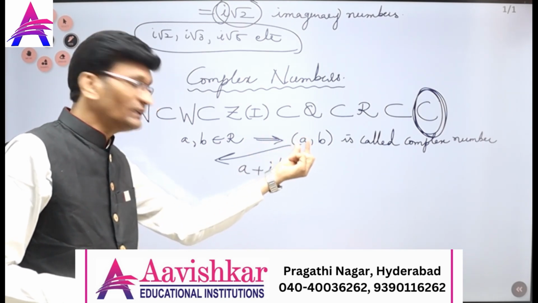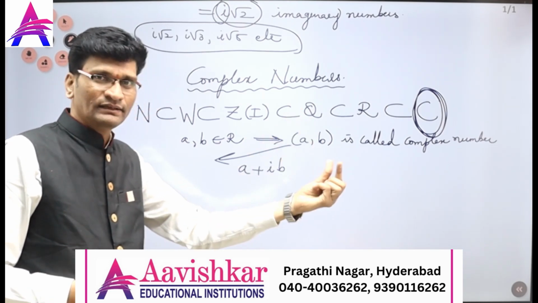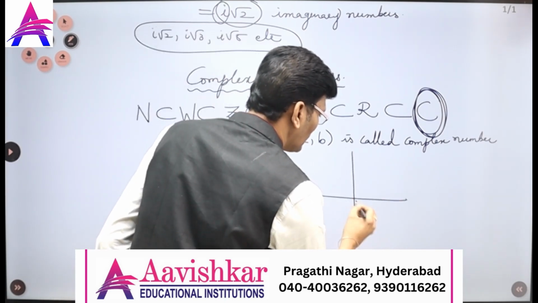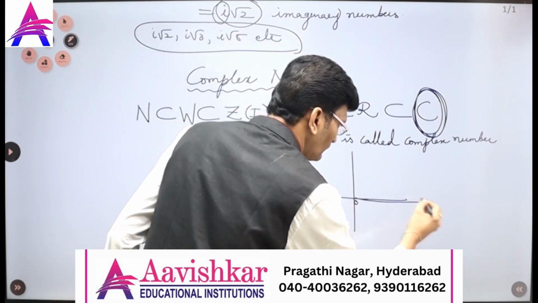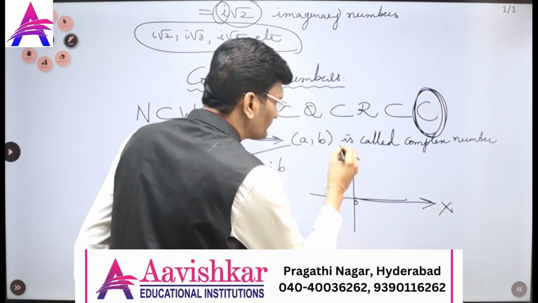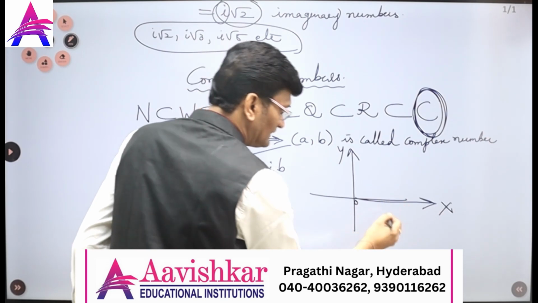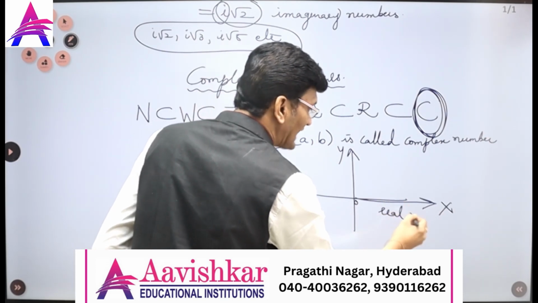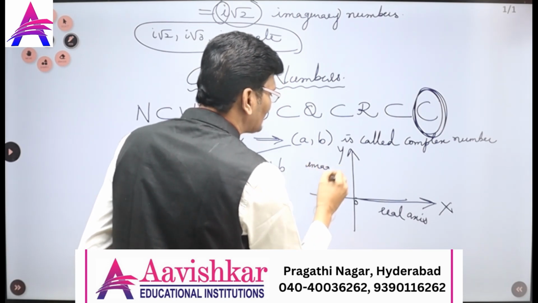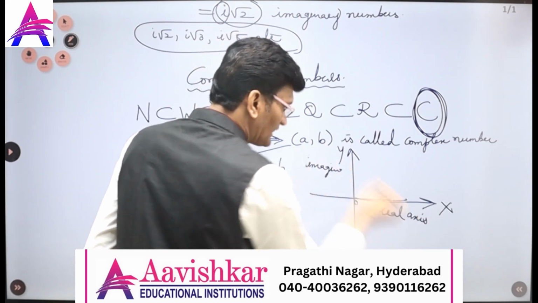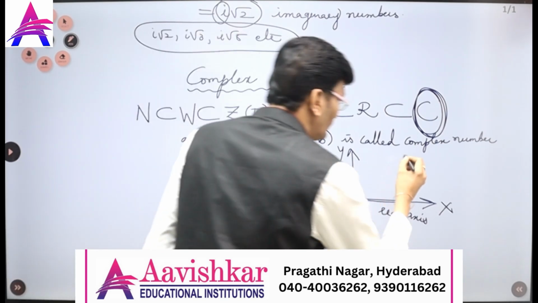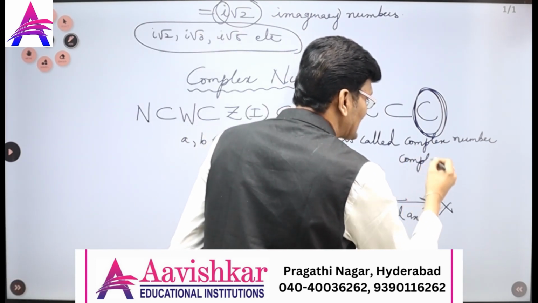To read and use the a plus ib form in calculations is somewhat painful and straining. To avoid that, we represent the complex number as the ordered pair (a, b), and we represent (a, b) in a plane called the complex plane. On the complex plane, we take real parts on the x-axis and imaginary parts on the y-axis. That is why it is called the real axis and the imaginary axis.